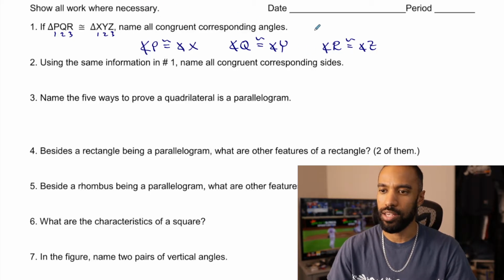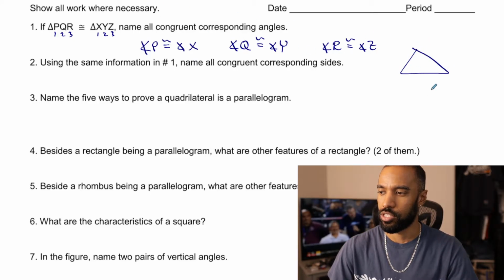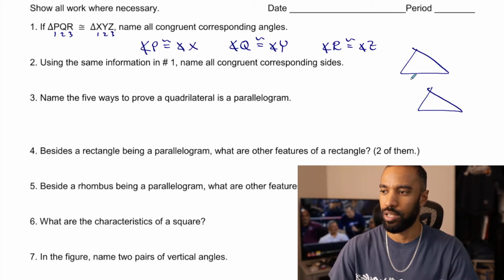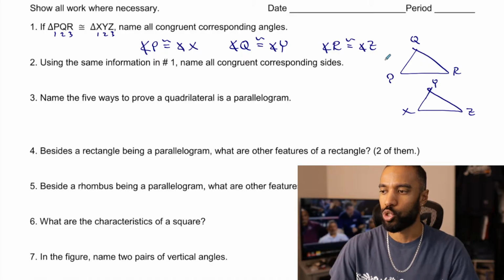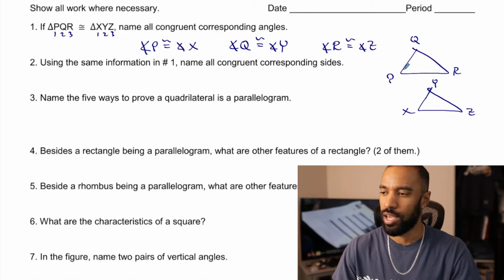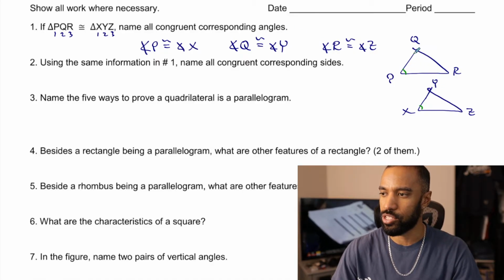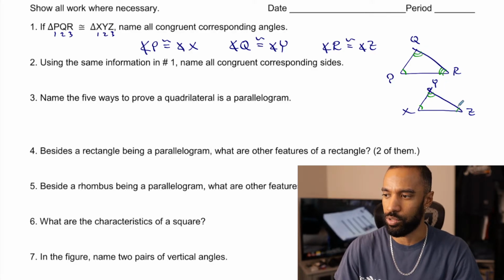Now, if you want to draw something like this out, let's say I had this triangle and this triangle here. Let's say this was our PQR and our XYZ. And I'm going to draw them the same direction to keep things easy. Angle P is congruent to angle X, angle Q is congruent to angle Y, angle R is congruent to angle Z. And you can see that.